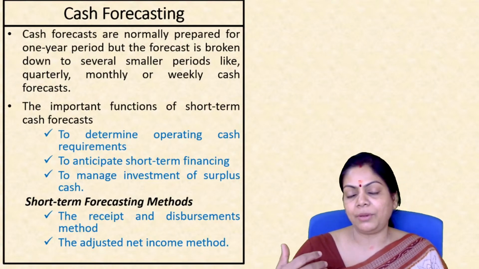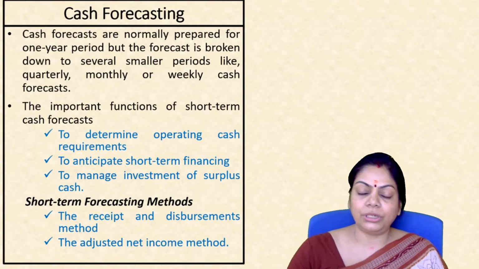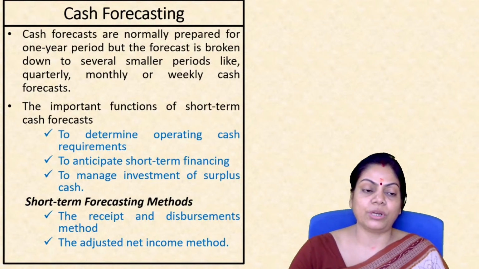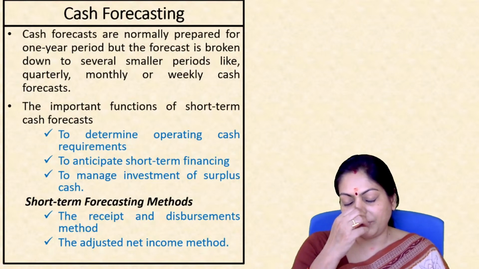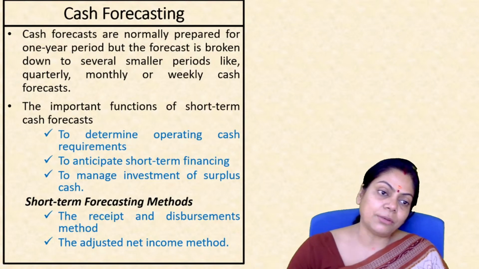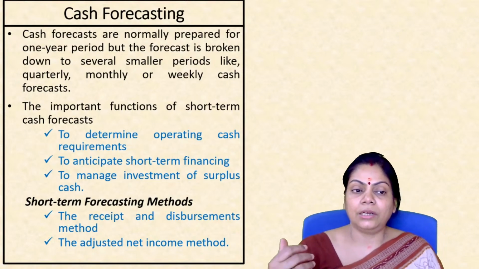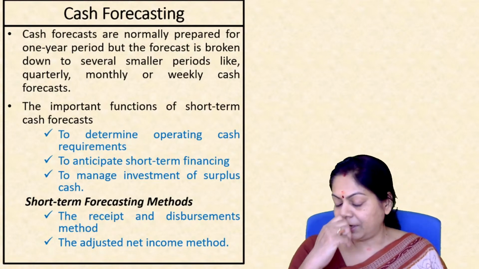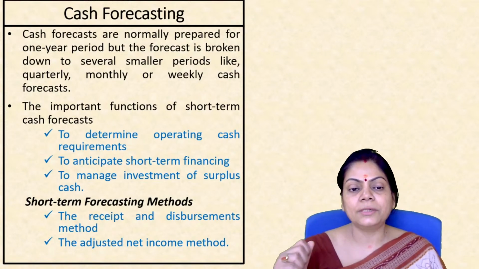You can have a weekly forecast, a monthly forecast, a quarterly forecast or a half-yearly forecast. But usually when we talk about cash forecast, it is 1 year, broken down into several sub-periods. Obviously, because I'm talking about 1 year, it is a short-term cash forecast.